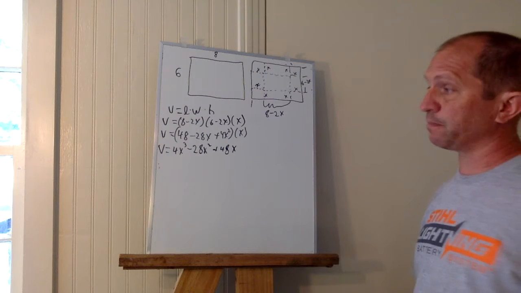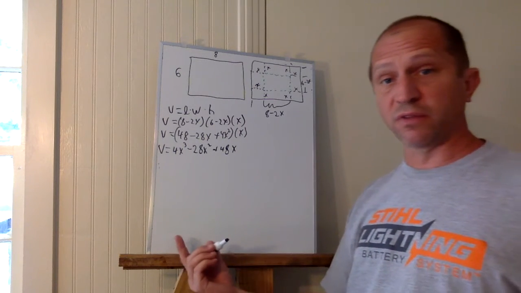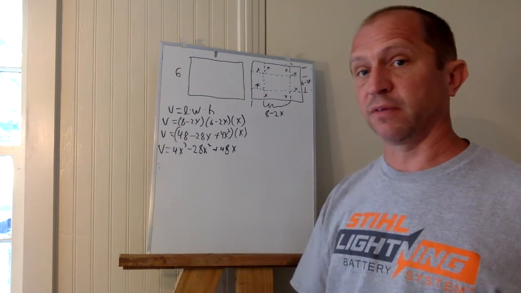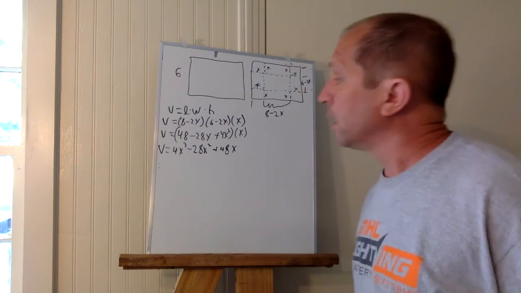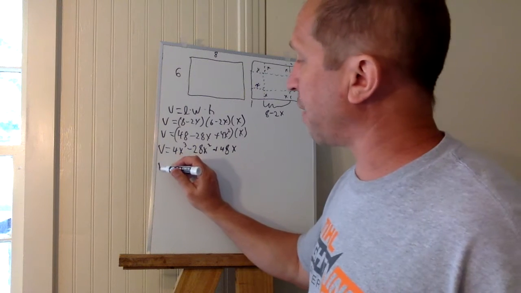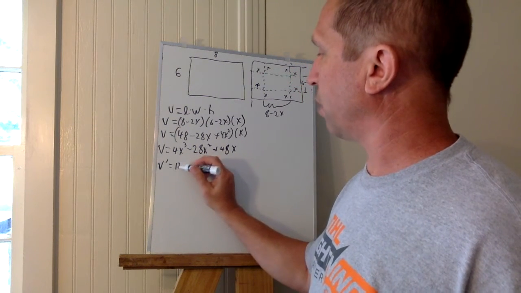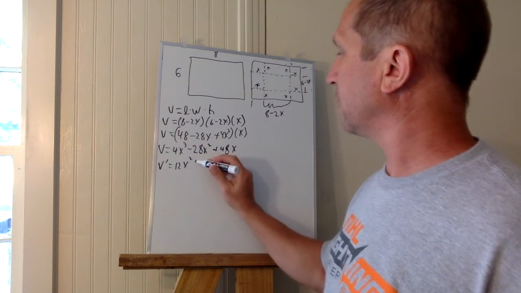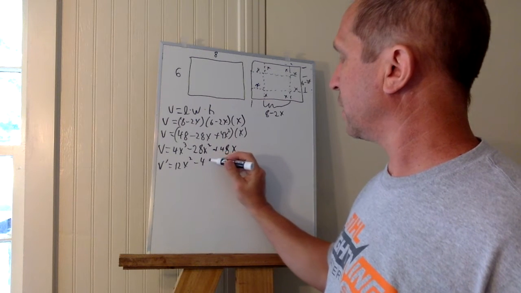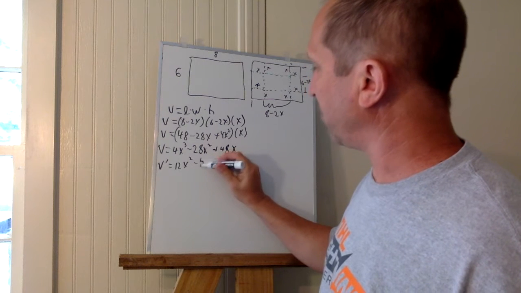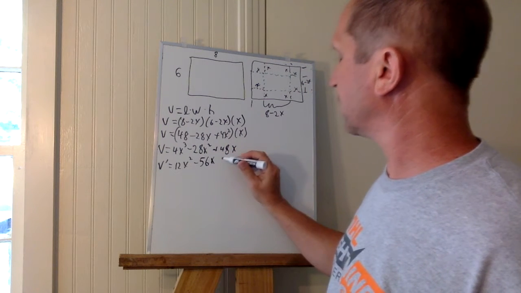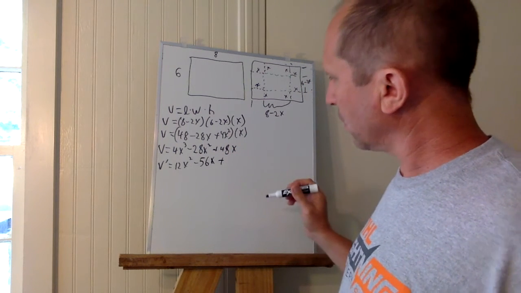Now, we want to take the derivative of this volume and set the derivative equal to 0. Again, that's where maximums and minimums occur. So, V prime is going to be 12x squared minus 56x plus 48. One day I'll learn how to do arithmetic.